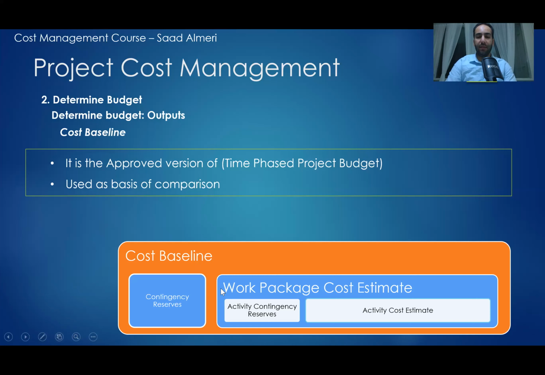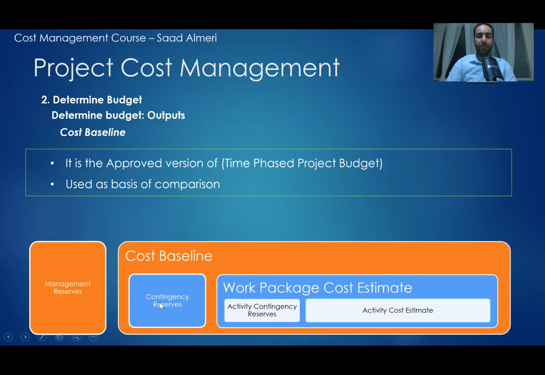And the work package, like we said, is the sum of all activity or each work package activity and the contingency reserves on that activity itself. And then beside the cost baseline, we have the management reserves. We talked about the difference between contingency reserves and management reserves before. In short, the contingency reserves is the amount of money I put for the known risks, but the management reserves is the amount of money that I put for the unknown risks.